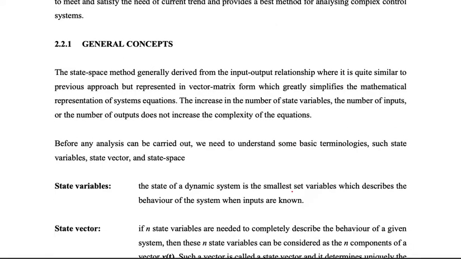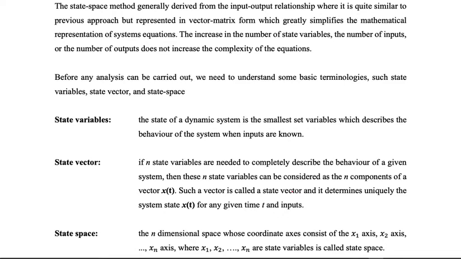In terms of concept, we have three important terminologies. The first one is state variables. The state variables are basically the transformation variables that we use to describe the motion variables that come from the equation of motion or a certain ODE.